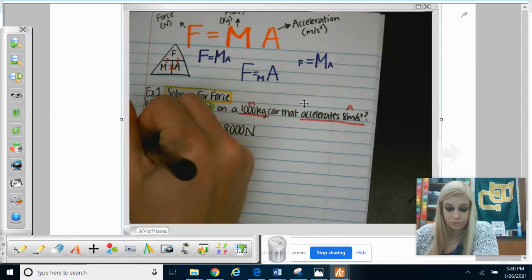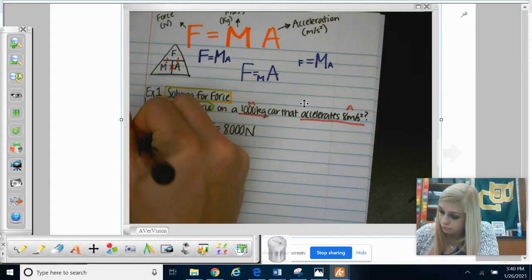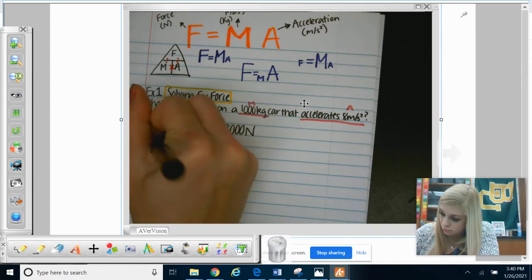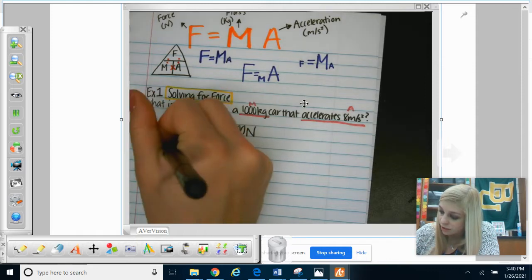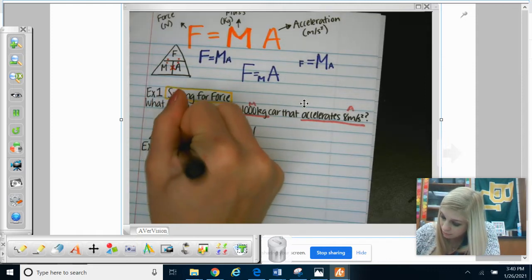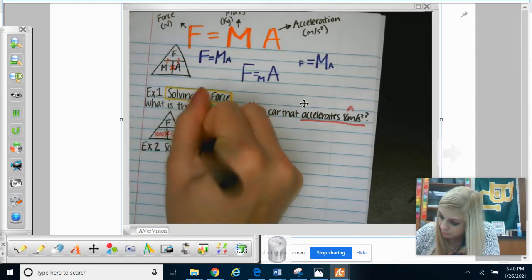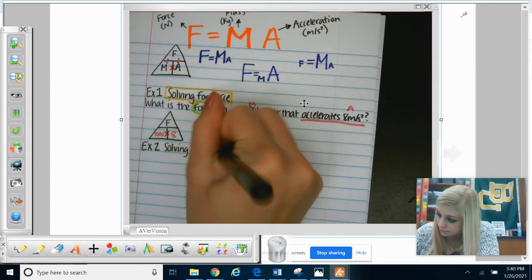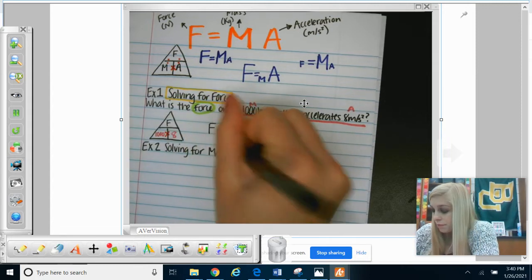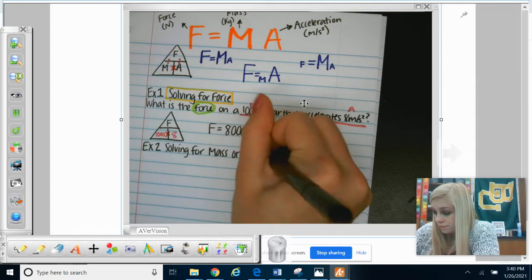Example number 2 is going to be if we are solving for mass or acceleration.